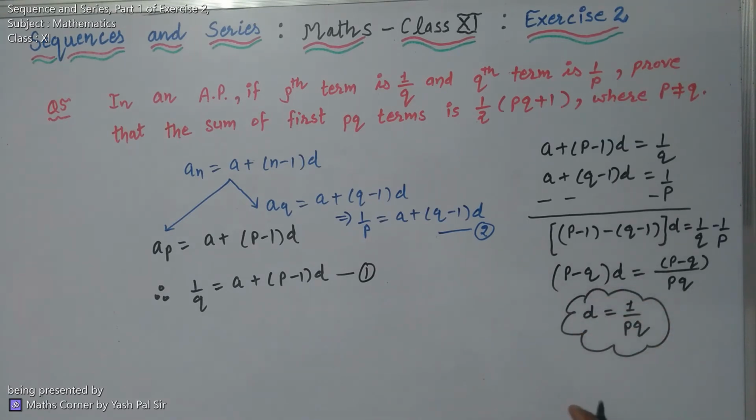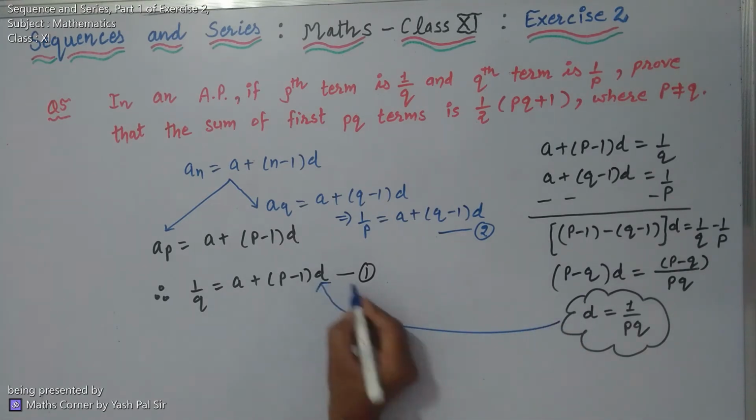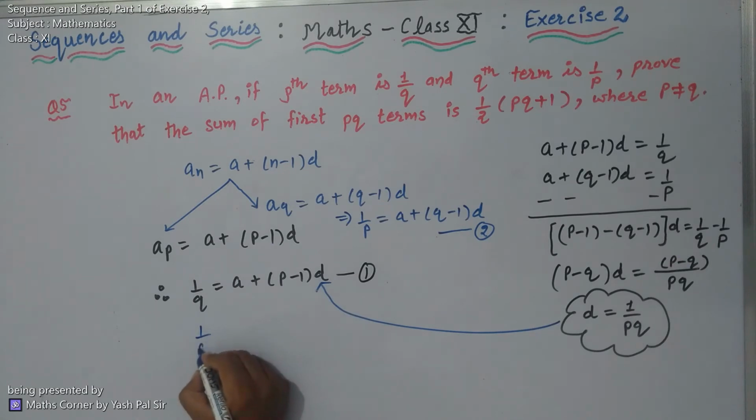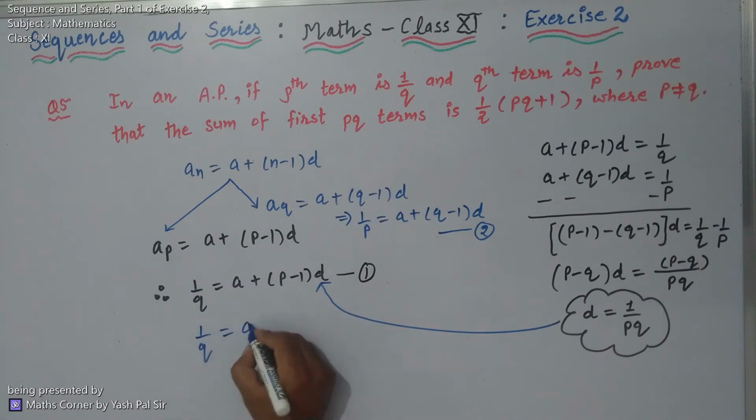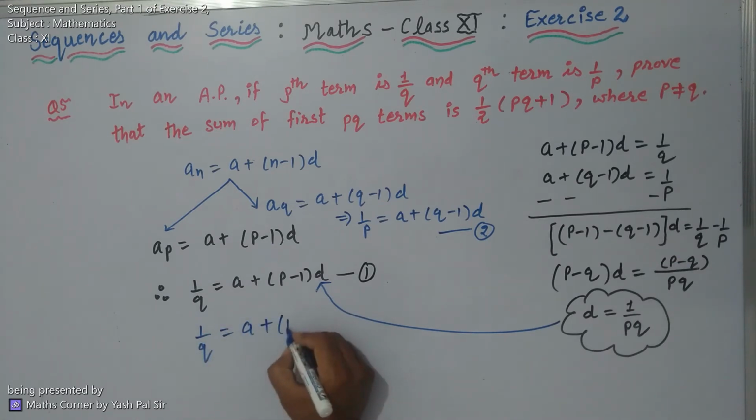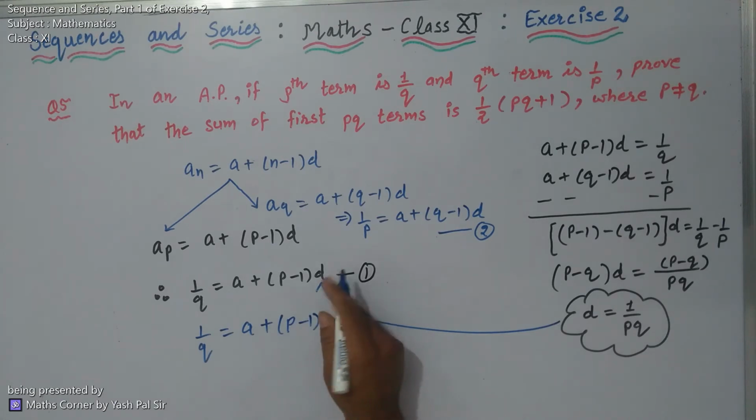Okay, now substituting this value of d in either equation 1 or equation 2, let we substitute this value here. So this becomes 1 upon q is equal to a plus p minus 1, d is 1 upon pq, right?